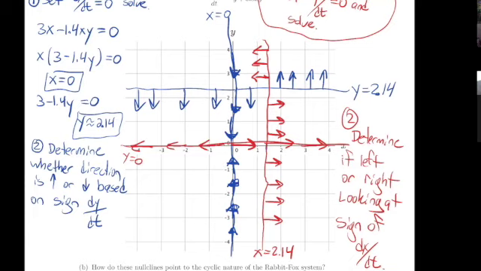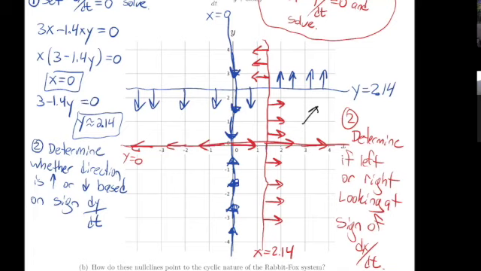If we think about the rabbit-fox problem in the first quadrant, since we don't care as much about negative values, in this region all of these vectors are pointing to the right and up.